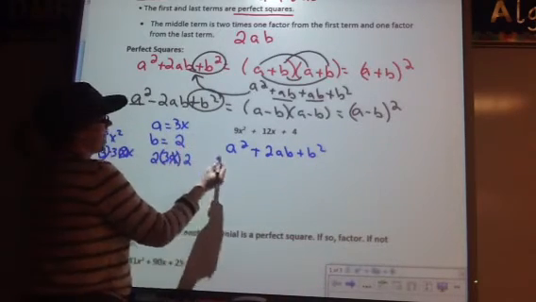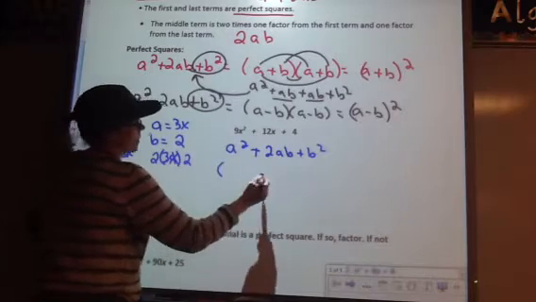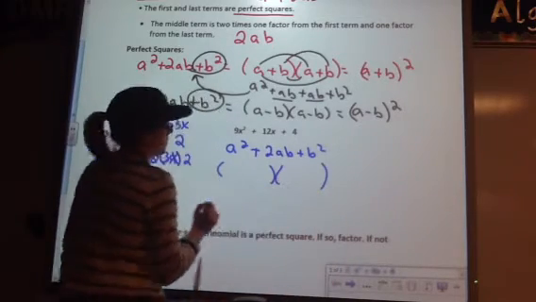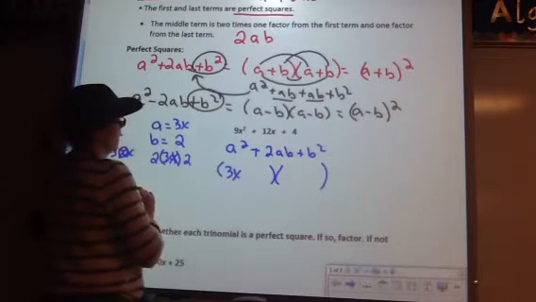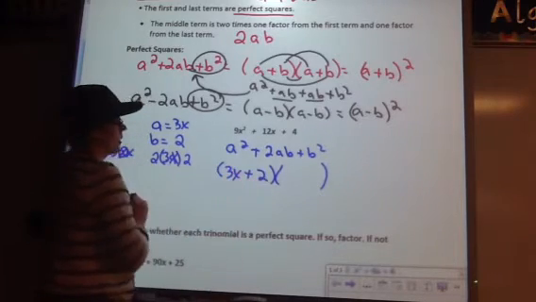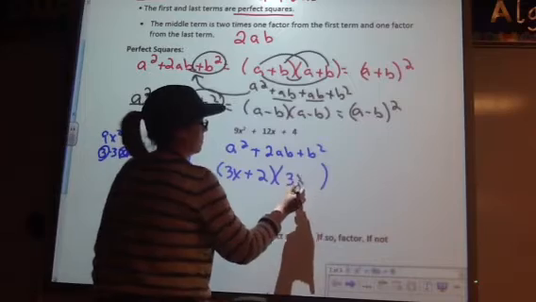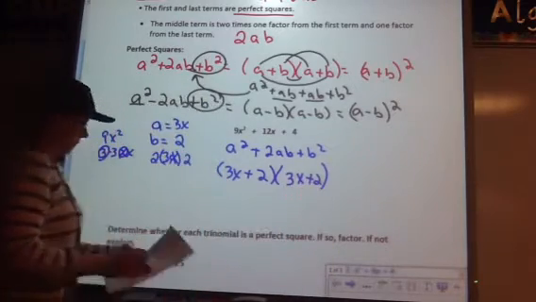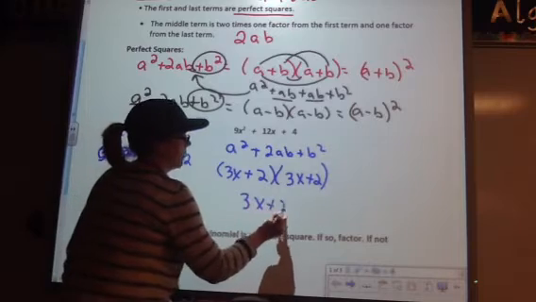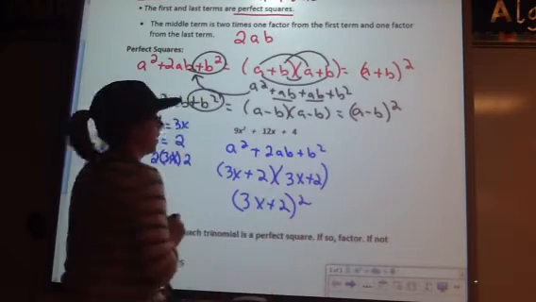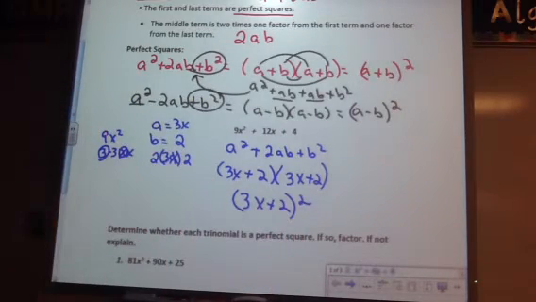I've identified what a is. Okay, so a is 3x, b is 2. So in simplest form, that is 3x plus 2 squared.